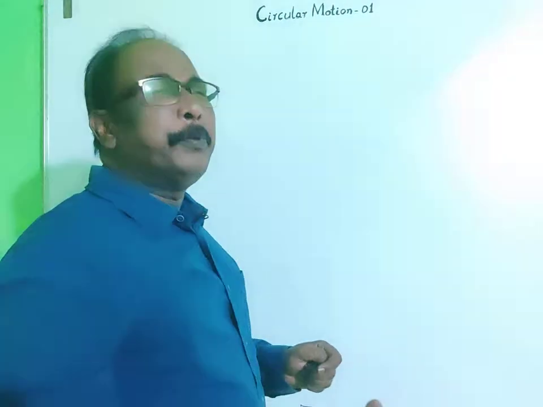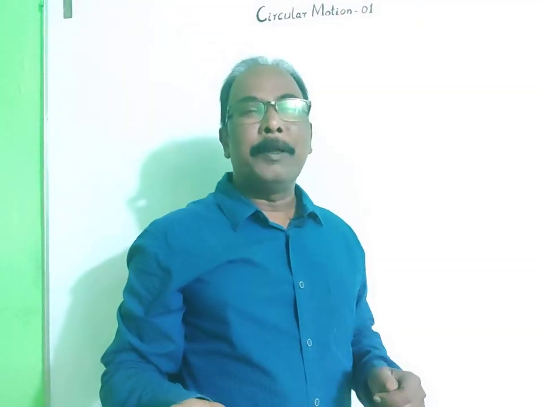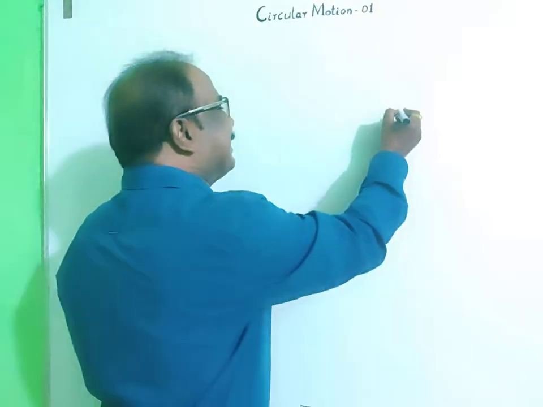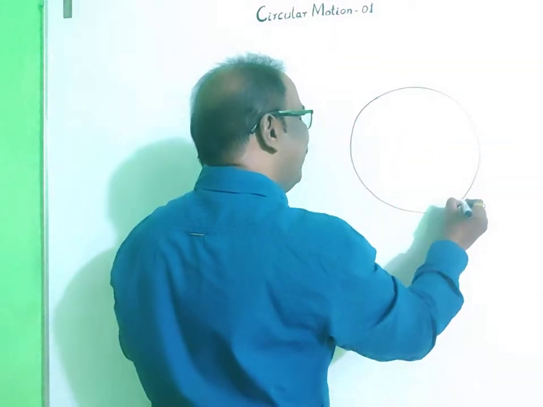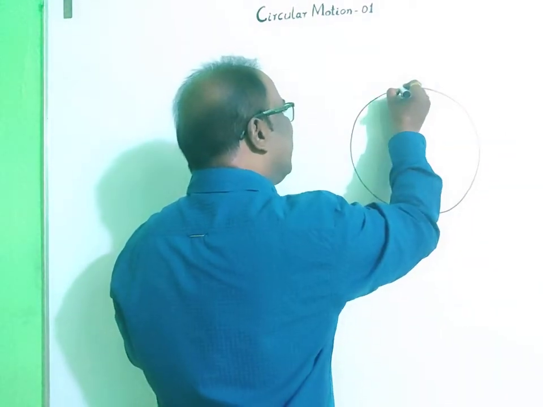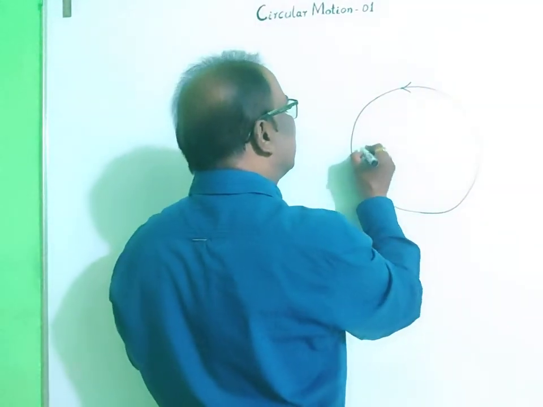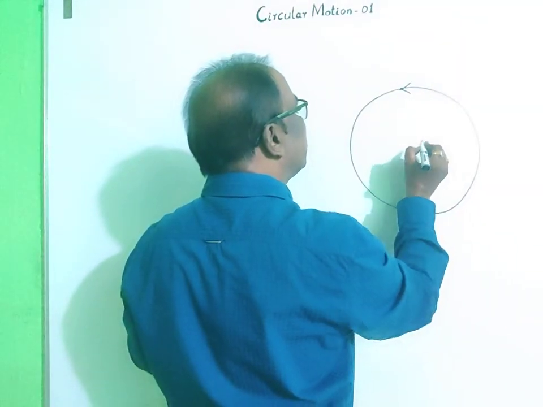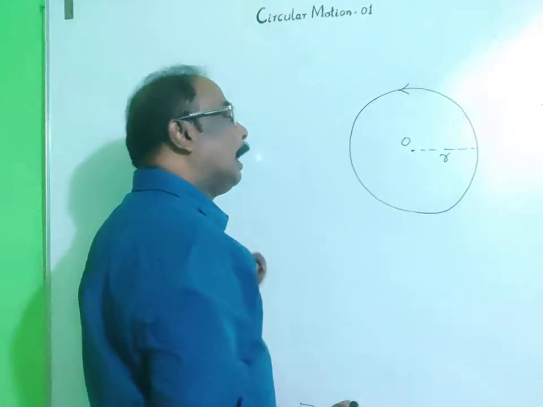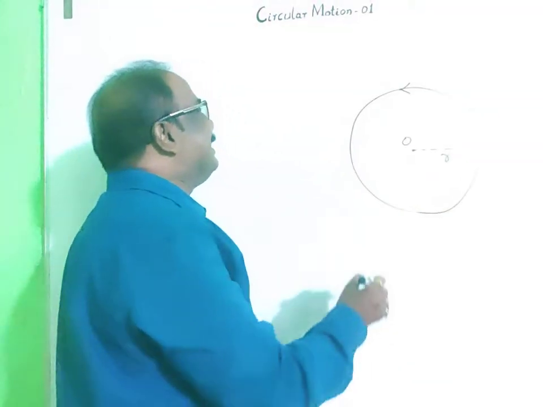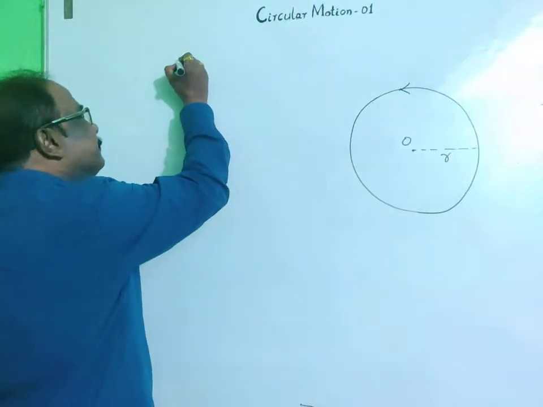So in simplest way, we may say if a particle moves in a circular path, then it is circular motion. Okay, let's see. Suppose a particle is moving in a circle. This is center of the circle, O, and this is radius of the circle, R. Okay. So what is circular motion?